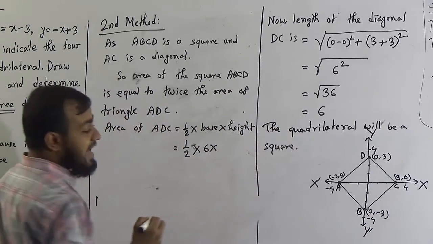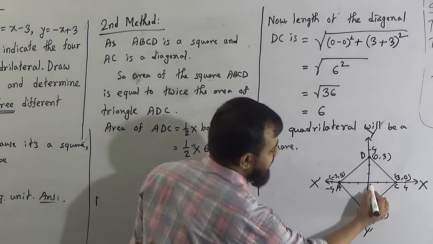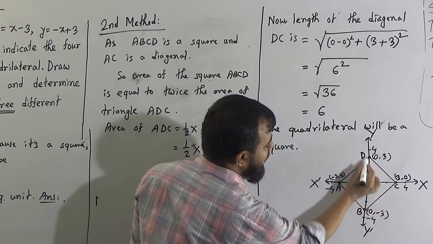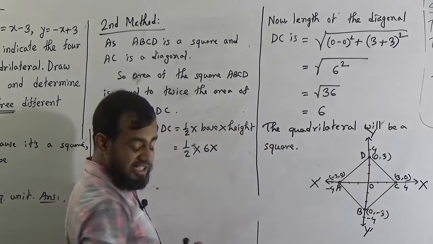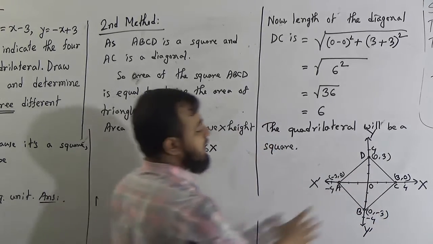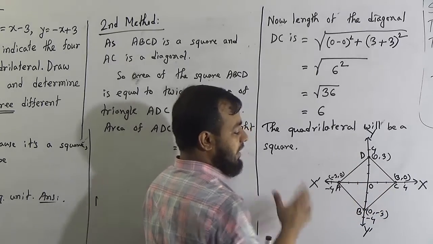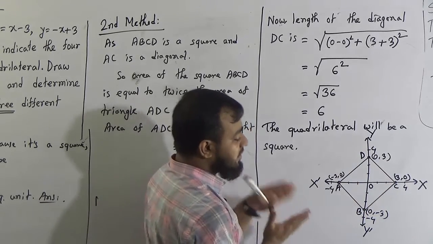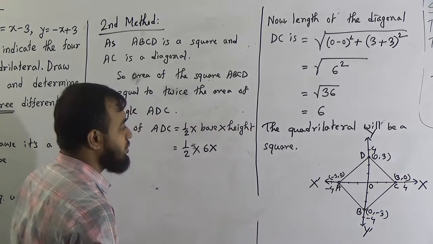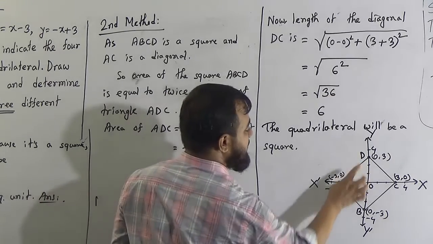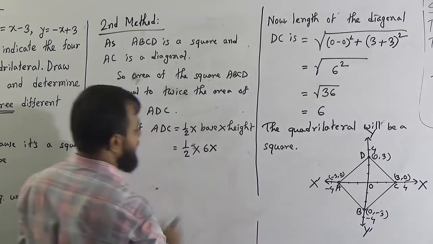And, my dear student, height is what? Height is here, suppose this is O, DO is the height, and it must be 3 because the diagonals intersect each other. In a square, the diagonals intersect each other in 2 equal parts. So OD is half of BD. That's why it will be 3.